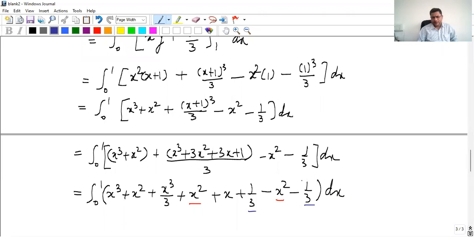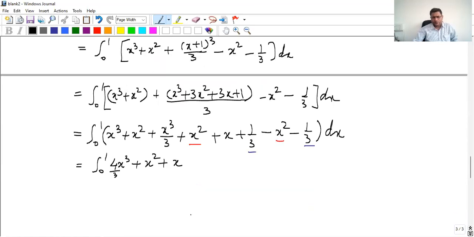You can have this x square and x square will get cancelled. What remains then? So we have 0 to 1, x cube plus x square plus x, and this 1 by 3 x cube plus x cube. So can we say this is 4 by 3?